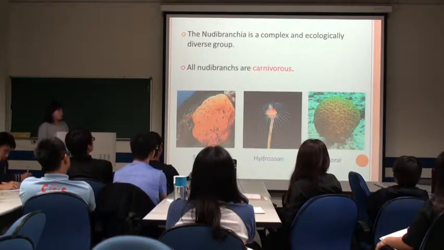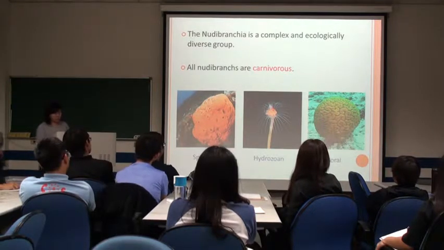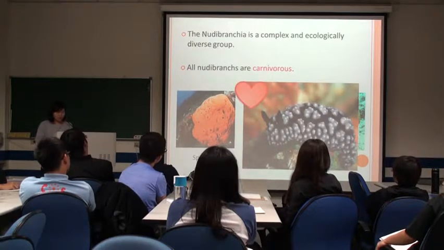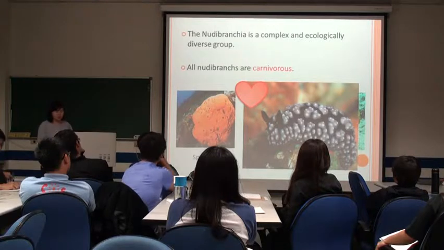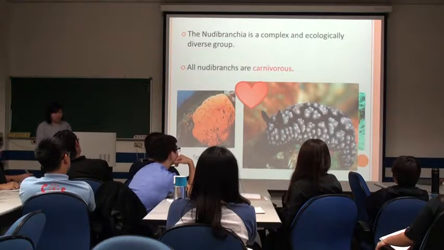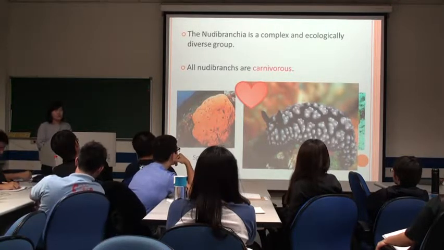Sponge, hydroids, and coral are all their food, and most Nudibranch are highly specialized for their food on only one particular species. And therefore, the presence and the abundance of Nudibranch may act as a useful indicator of overall diversity.